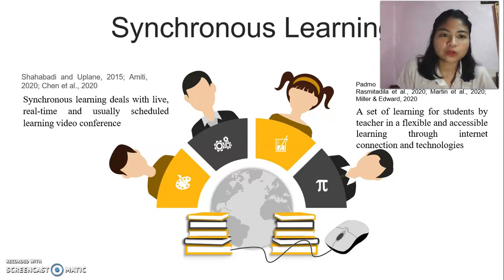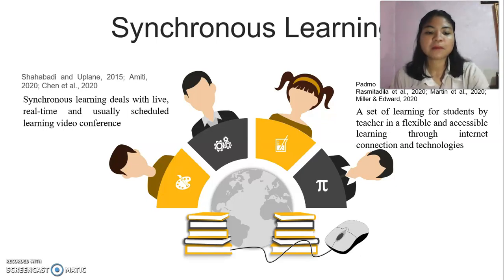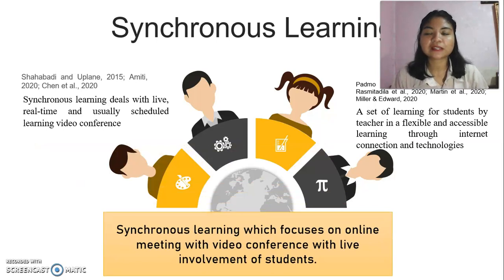And then Padmo et al. 2019, Shukri et al. 2019, Rasmita Dila et al. 2020, Martin et al. 2020, and Miller and Edward 2020 also define synchronous learning as a set of learning for students by teachers in a flexible and accessible way through internet connection and technology. By that, we can say that synchronous learning is basically online learning which focuses on online meetings with video conference and live involvement of students.